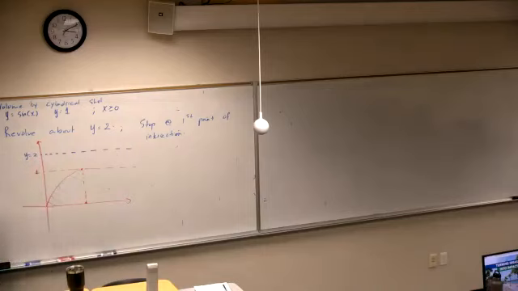Good. The line y equals 2 is parallel to which axis? X. So in cylindrical shells, if we are revolving about the x-axis, the dx, the thickness part, should be dy.